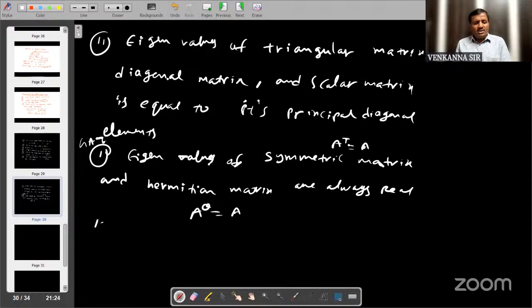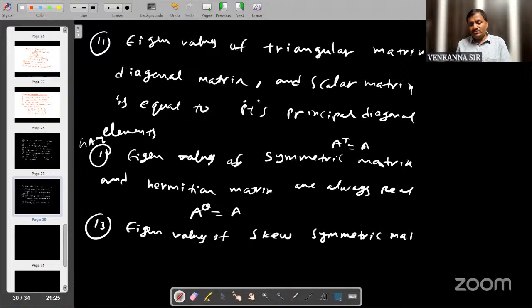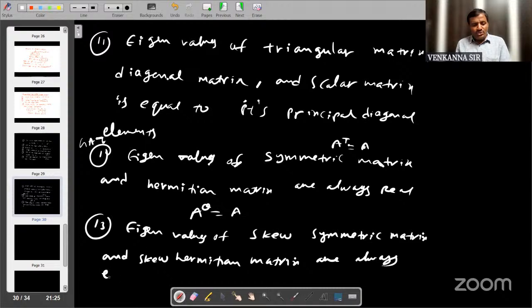Next, 13th property: eigenvalues of a skew symmetric matrix and skew Hermitian matrix are always either zeros or purely imaginary.